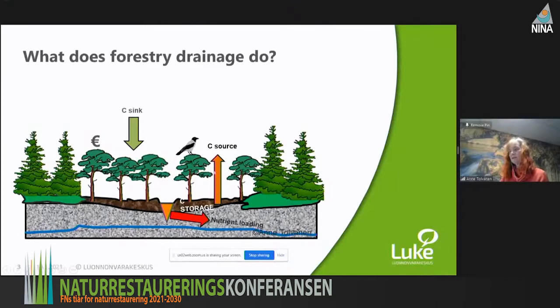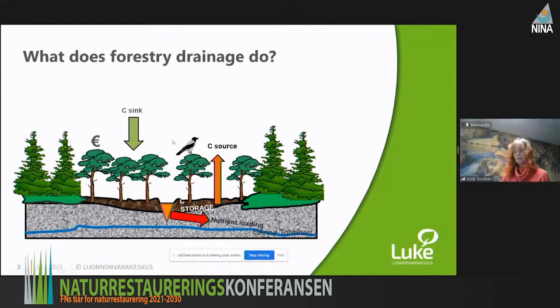So the peat is a source of carbon dioxide in drained peatlands. But at the same time, the methane emissions stop because the anaerobic decomposition stops. So there are no methane emissions anymore after drainage.